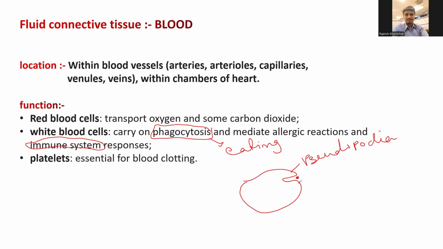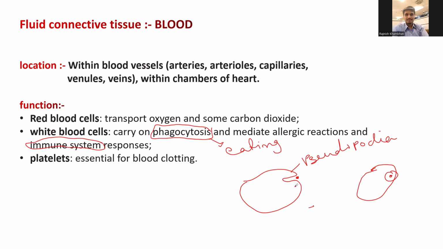So they will form the pseudopodia, and then slowly they will engulf the bacteria inside the cell. This eating process is known as phagocytosis. That means eating. And this happens with the help of the plasma membrane. So this is the phagocytosis.